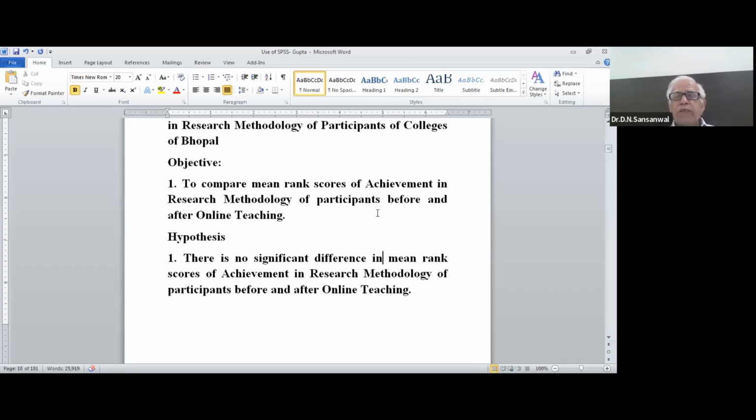So here you have pre-achievement in research methodology, and then you have post-achievement in research methodology. So therefore, Gawande, you are excellent, very, very good.